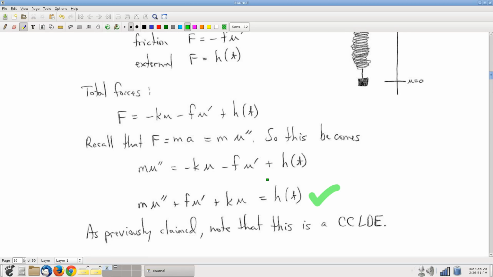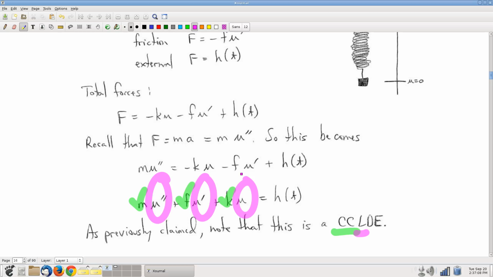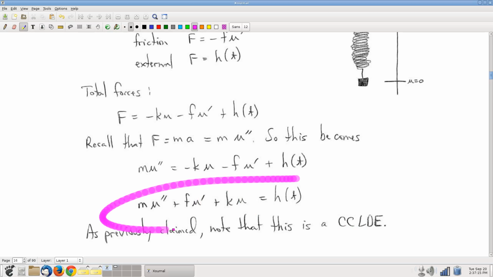Specifically, note that this is constant coefficient. Mass is constant, the friction coefficient is constant, the spring coefficient is constant. Constant coefficient, linear differential equation.